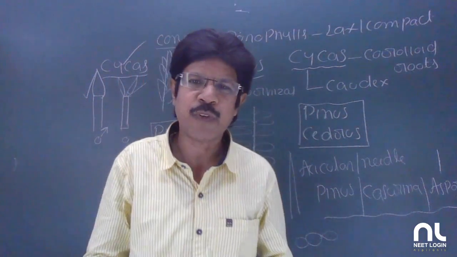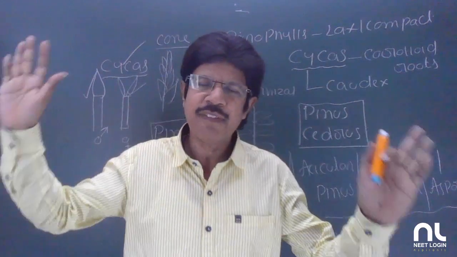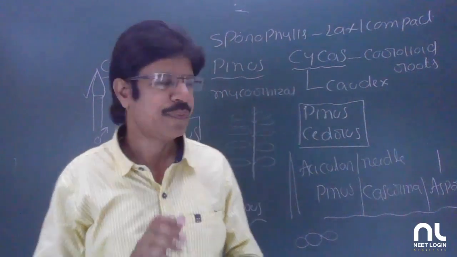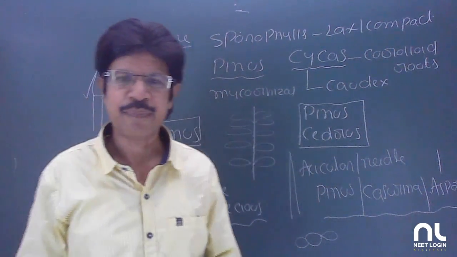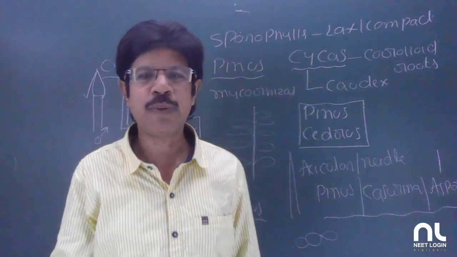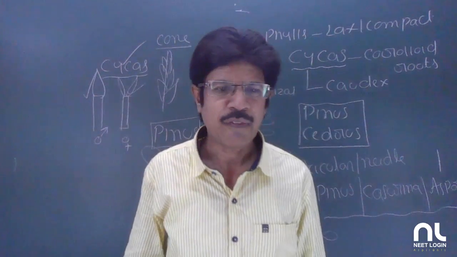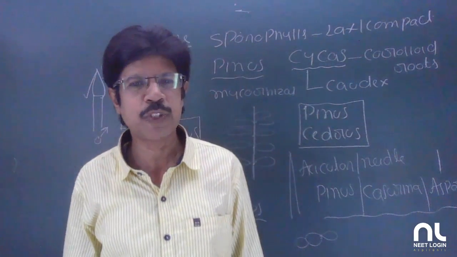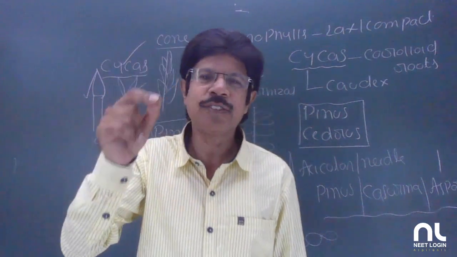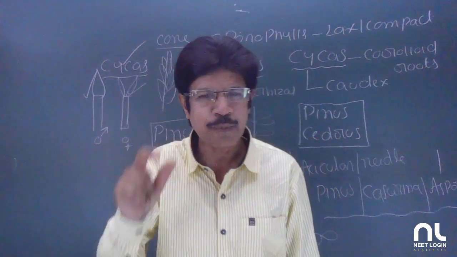Whether it is a monoecious or dioecious sporophyte, gametophytes are always dioecious. The pollination is anemophilous, wind pollination, and direct type of pollination. Why direct pollination in gymnosperms? The ovule directly receives the pollen grain, so it is direct pollination.